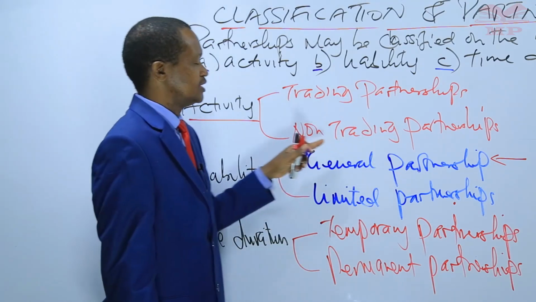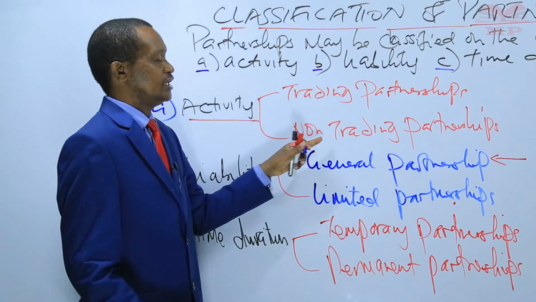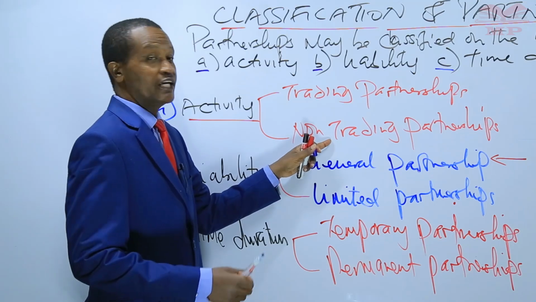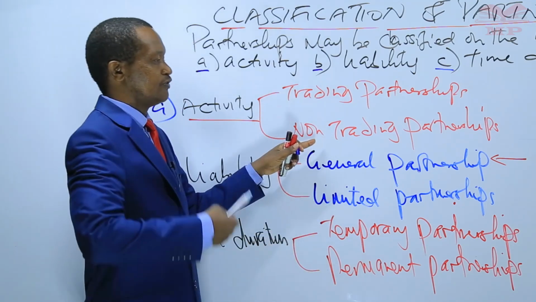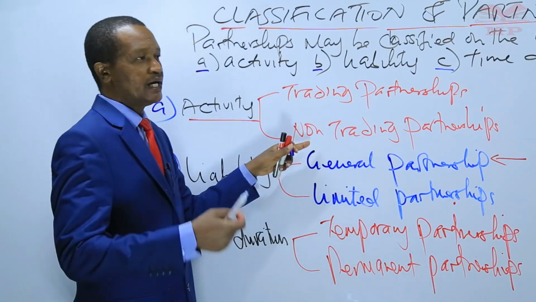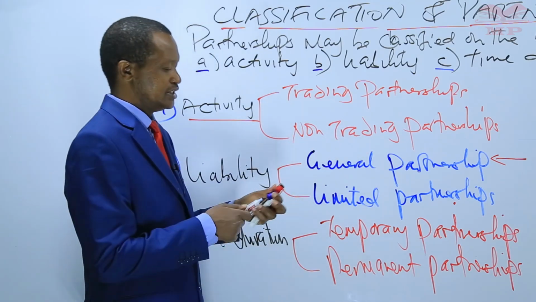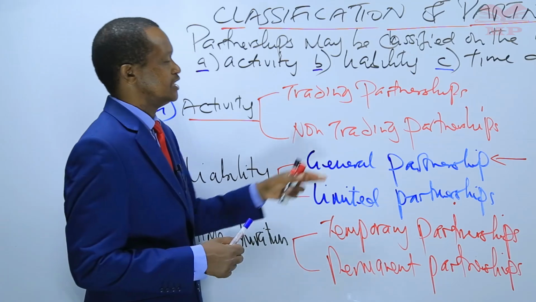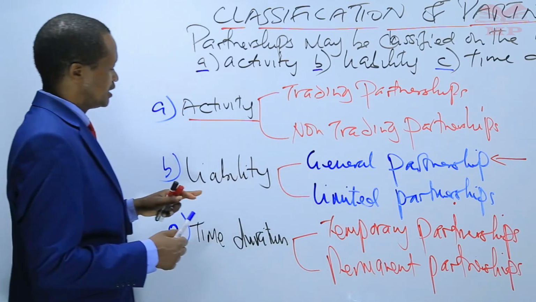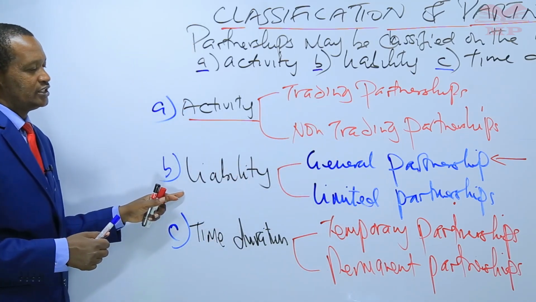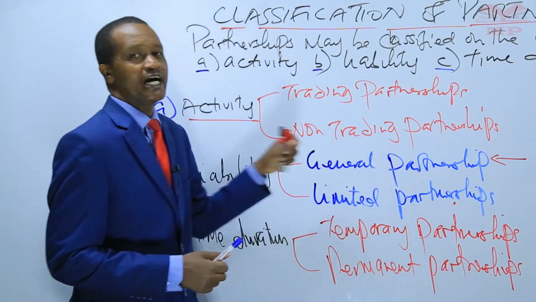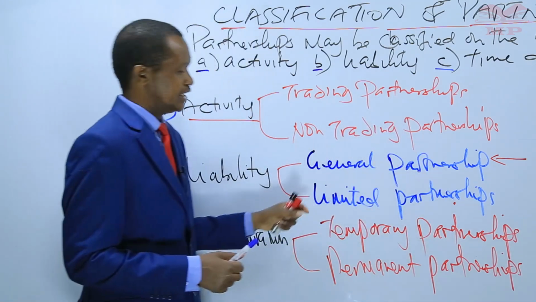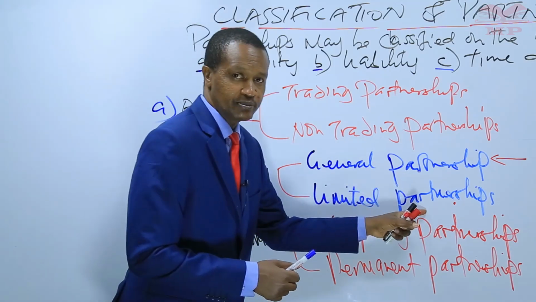Non-trading partnerships engage in the sale of services like banking, accountancy, medical services, and so on. Then liability, we said there are two categories: general partnerships, also known as unlimited partnerships, and limited partnerships.